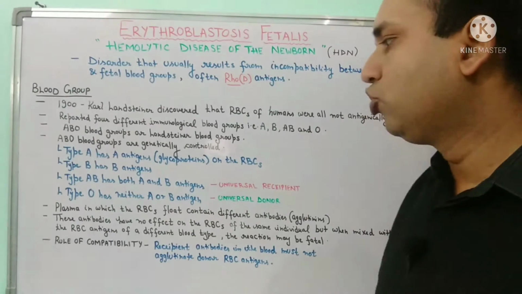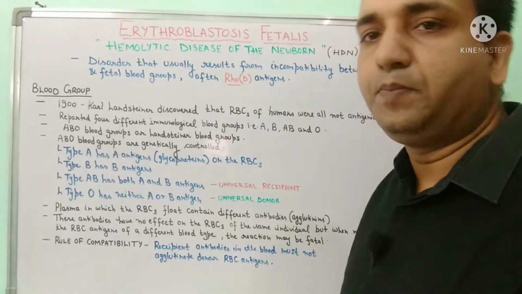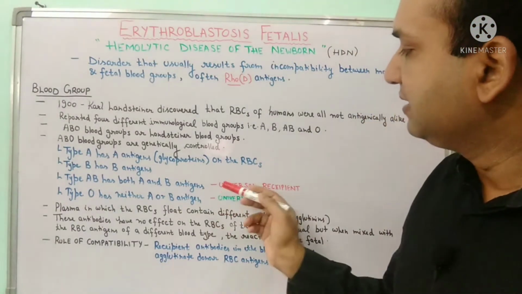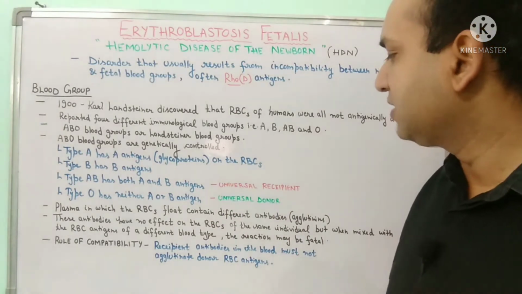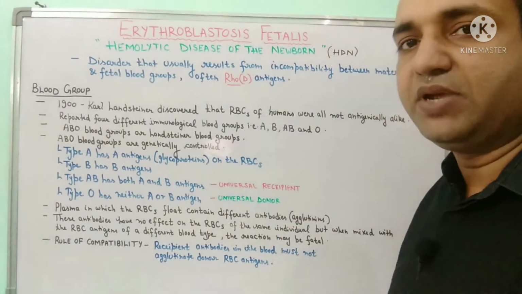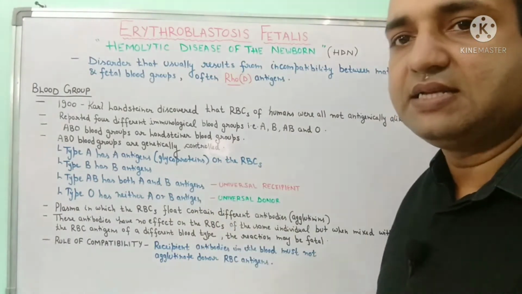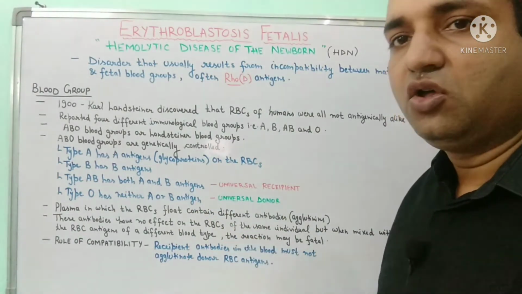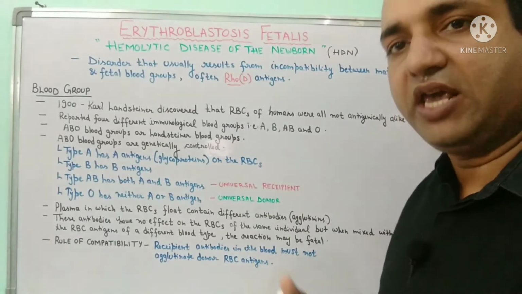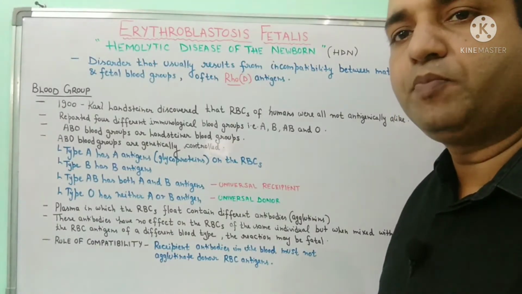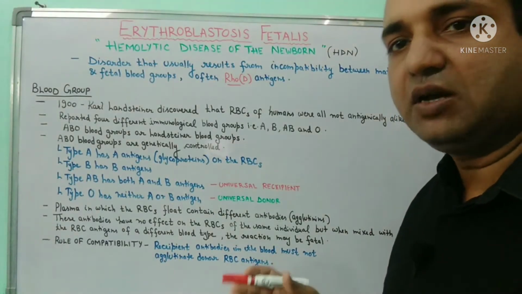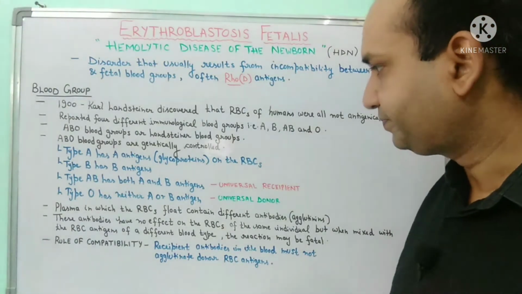Type AB blood group has both A and B antigens and therefore it is called the universal recipient because it has both A and B antigens. It can receive blood from a person having blood group A, or blood group B, or blood group AB.